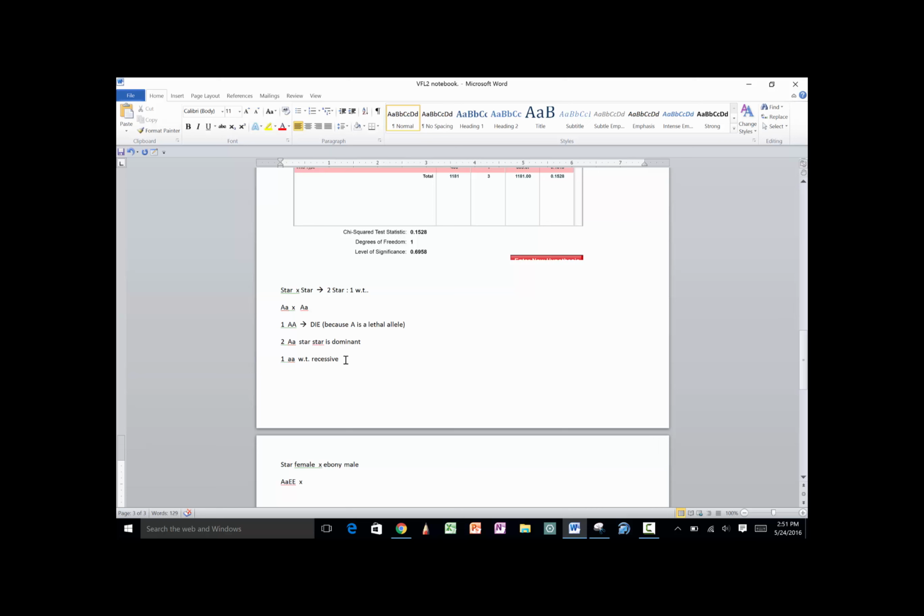Now this is an ebony male, and we know ebony is recessive, so he has to be homozygous recessive. And we want to keep the genes in order. So if we've got the A on the left, we want to keep the A on the left. And this ebony male is wild type for star, and we know that star is recessive, so it gets that. You can use S's, you can use STs.